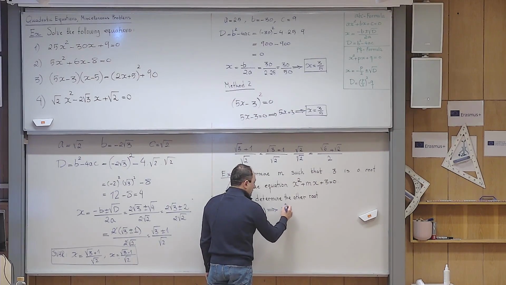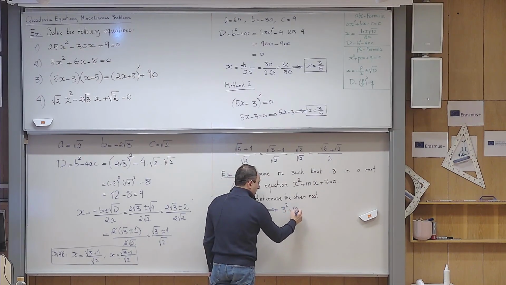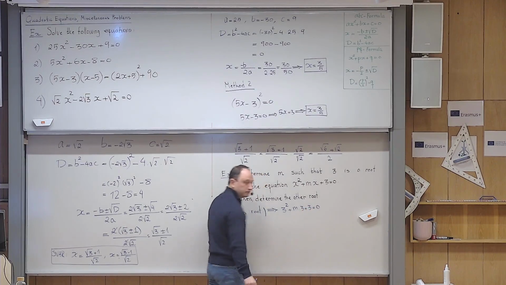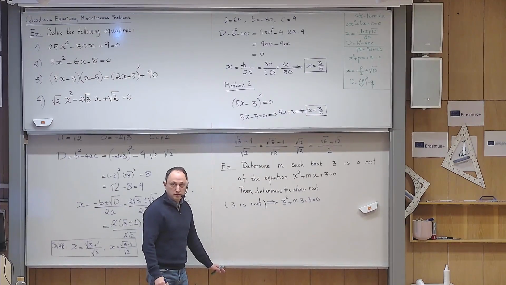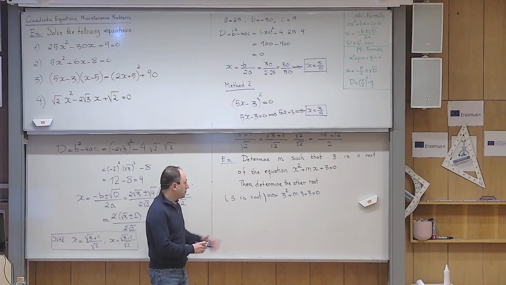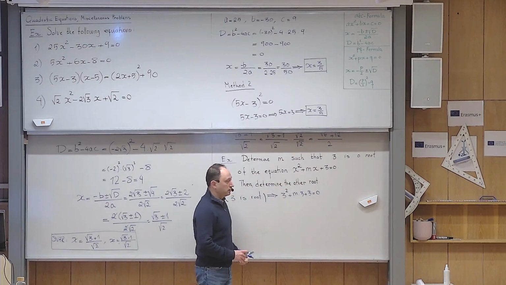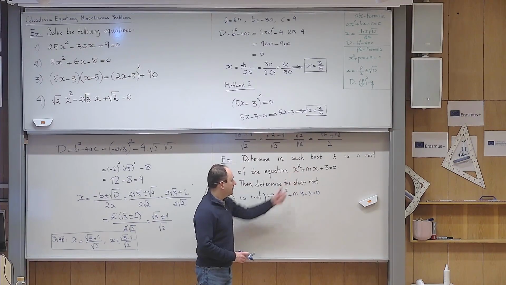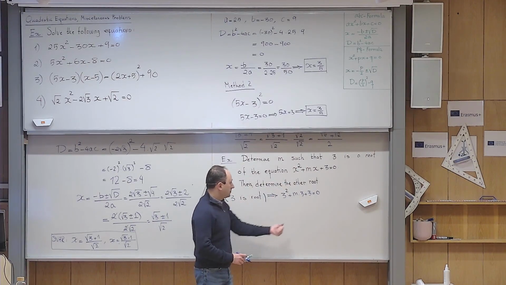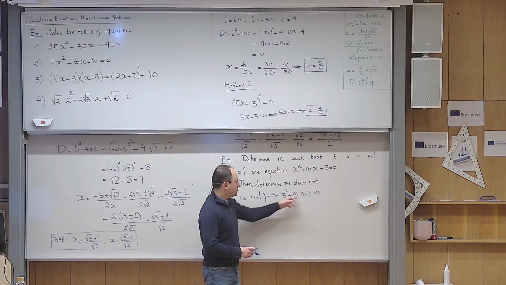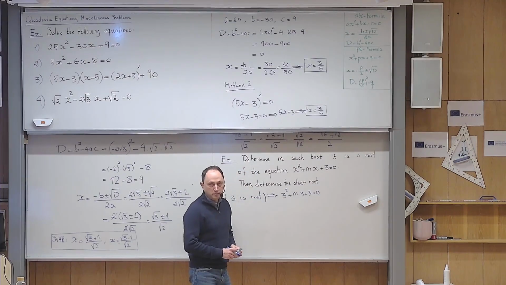So this becomes 3 squared plus m times 3 plus 3 is equal to 0. Yes? This is the meaning. If you tell me 3 is a root, it means it fits my equation. It means when I replace x with this given number, the equality that I get is a true equality. But then you see that I can solve and find m.